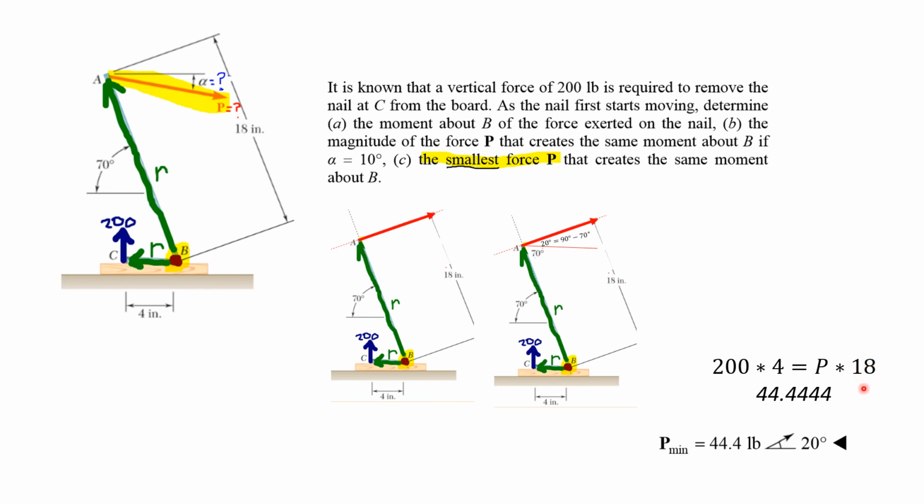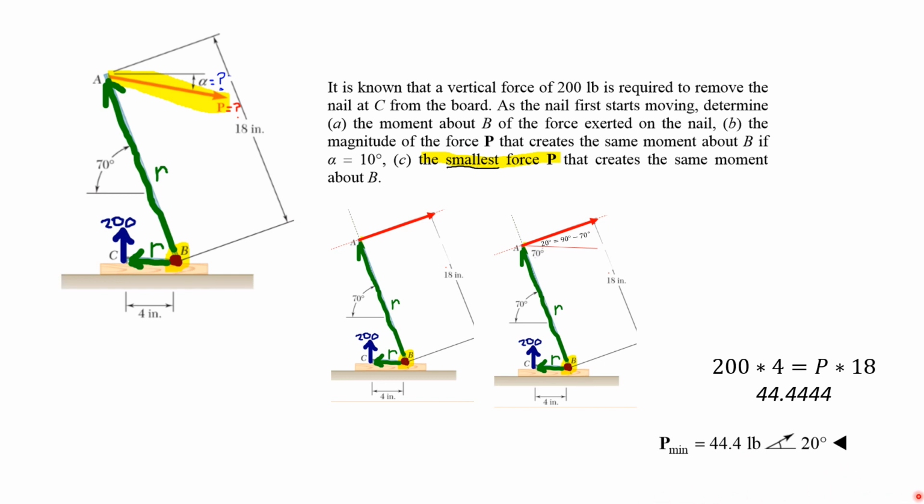So 18 inches long times that force, that is what you're pulling on the crowbar with, and that's going to have to create 4 inches to 200-pound force. So 4 times 200 on the left-hand side of B is going to have to be equal to P times 18 on this side. And we're looking at that 90-degree angle, so we have P as 44 pounds, and it's going to be at 20 degrees.